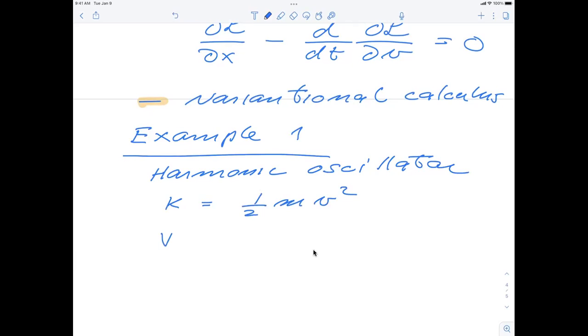And then we have a potential energy, which we derived early in the semester, which is simply 1/2 k x squared. And when we take the derivative of that quantity with respect to x and put a minus sign, we get the force, which is k times x.